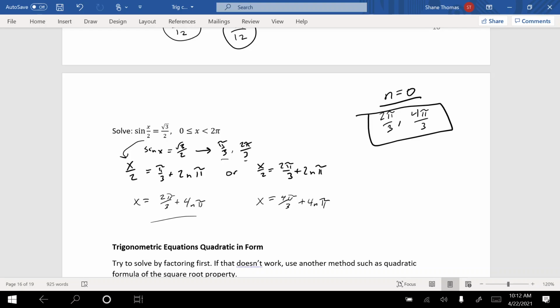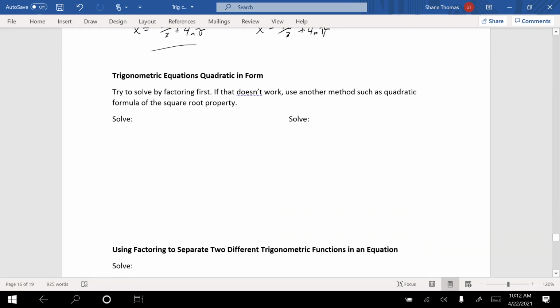So those were ones where just straight solving, get a variable by itself type thing, isolate the variable, set it equal. Now we're going to move up a little bit higher order. Okay, these are going to be quadratic form, but I'm telling you, these almost get easier. They really do. All right, so trig equations in quadratic form. What do you want to do? You want to try to solve by factoring first.